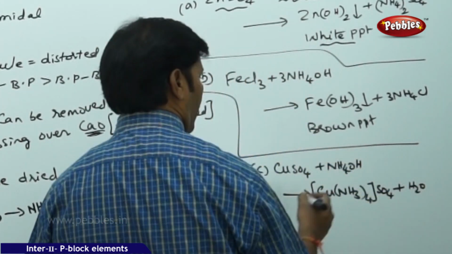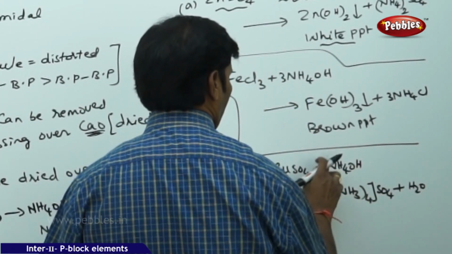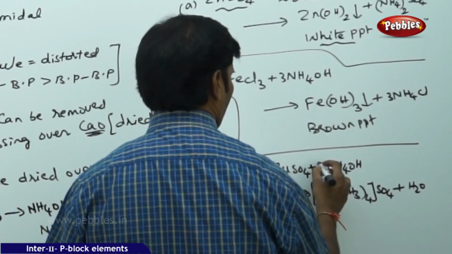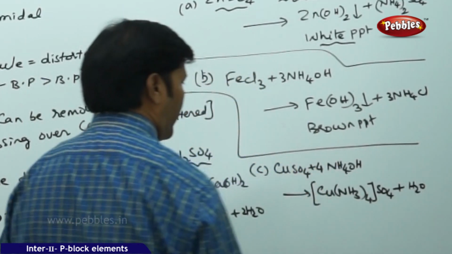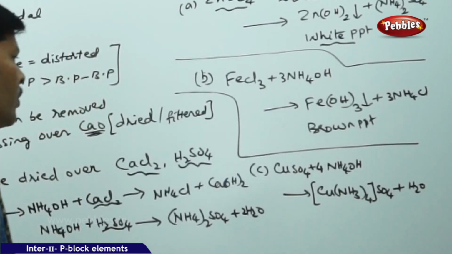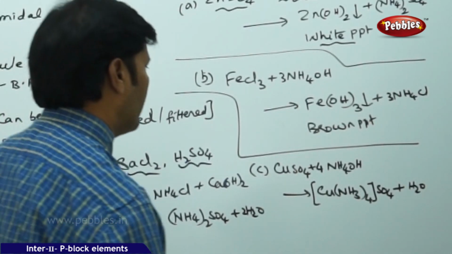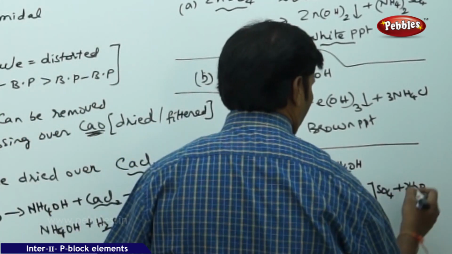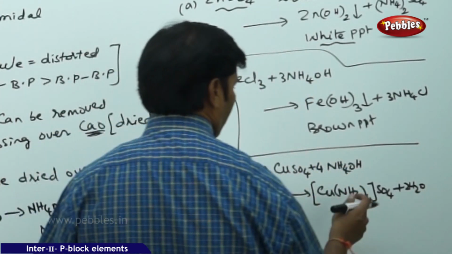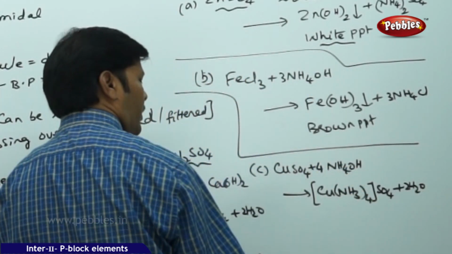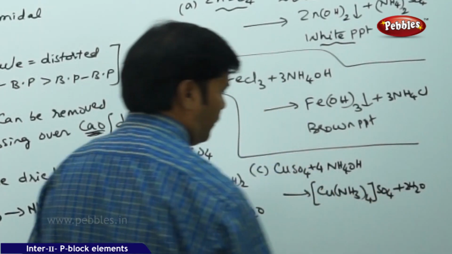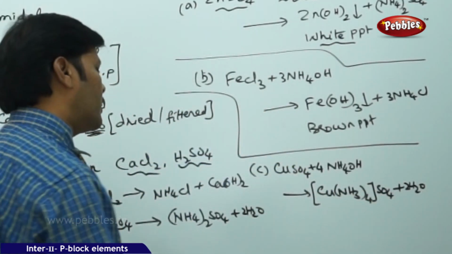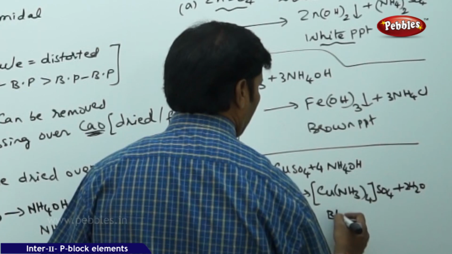If I take 4 moles of ammonium hydroxide, there is 1 sulfate, 4 ammonium ions, and 4 hydrogens and 4 oxygens. So this becomes tetraamine copper sulfate, a complex which gives the blue color.